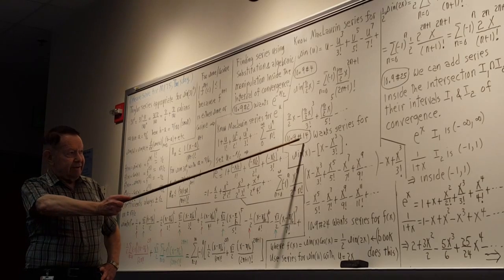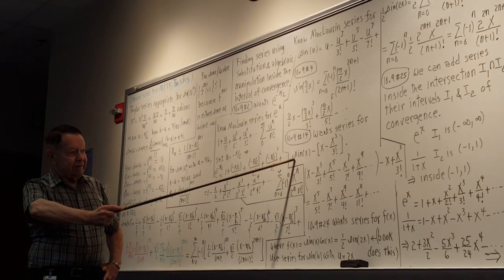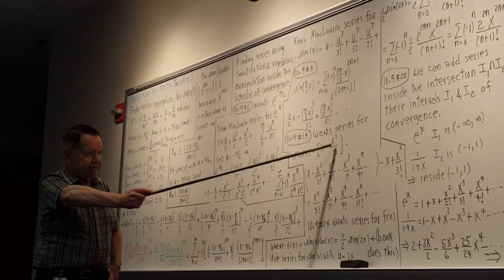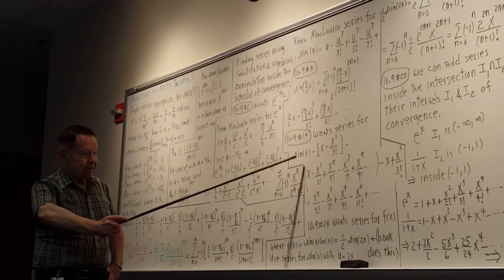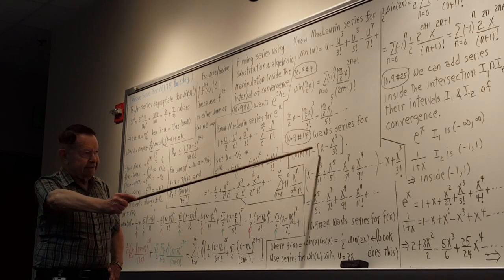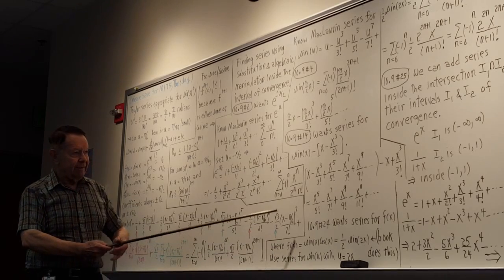If you look at number 14, it wants the series for this function, sine of x minus these two terms. So f of x is sine x minus x plus x cubed over 3 factorial.